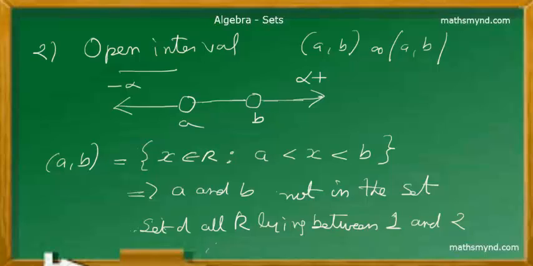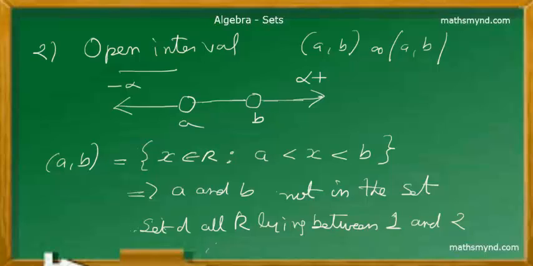In this particular case, the circles, of course, when you're drawing it by hand, may come up in different sizes, but when you are drawing it, the circles ought to be of the same size. And you can see that the circles are empty, which means that the real numbers indicated by a and b are not included in the set. And once again, the number line is extending into the positive and negative infinite directions.